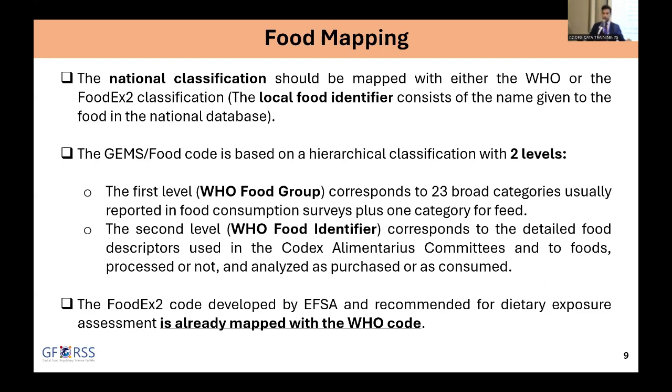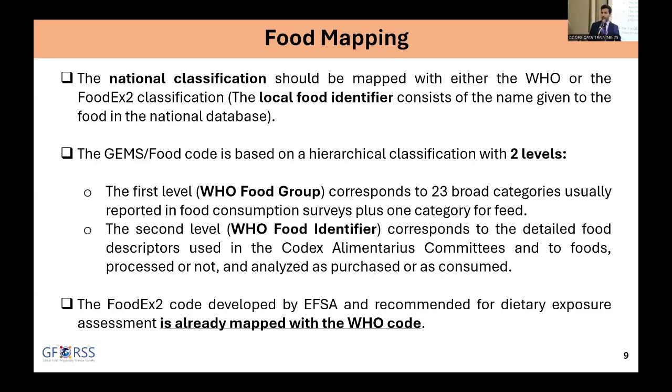Now, a few important words about this food mapping. We want to submit our occurrence data. Again, what is our occurrence data? Simply the concentration. I'm submitting the concentration of a certain contaminant. How to submit it? How to give the information related to the food commodity?